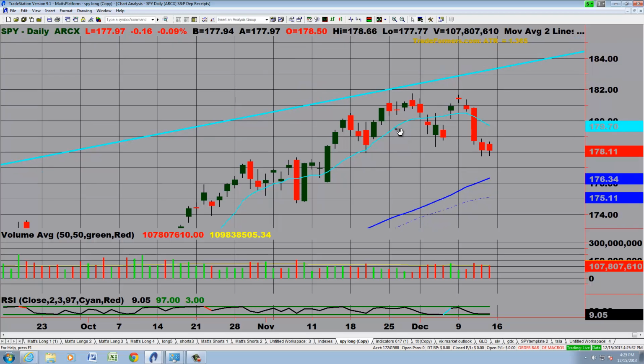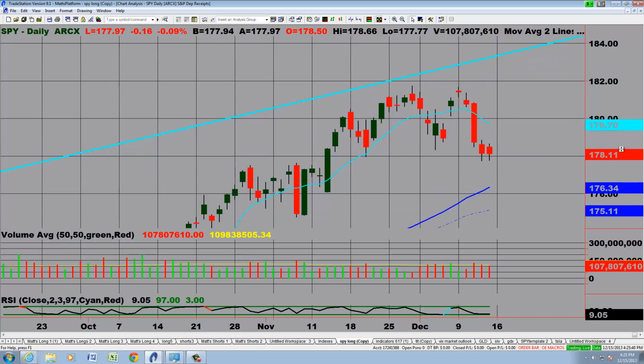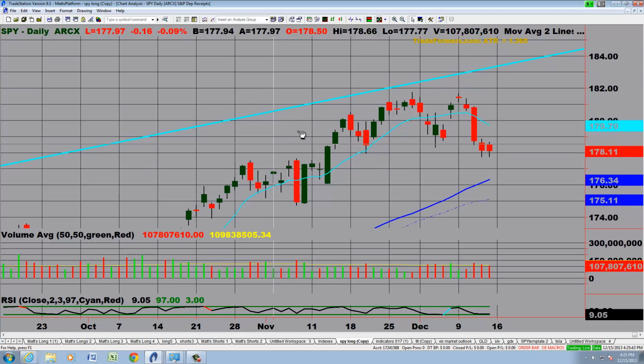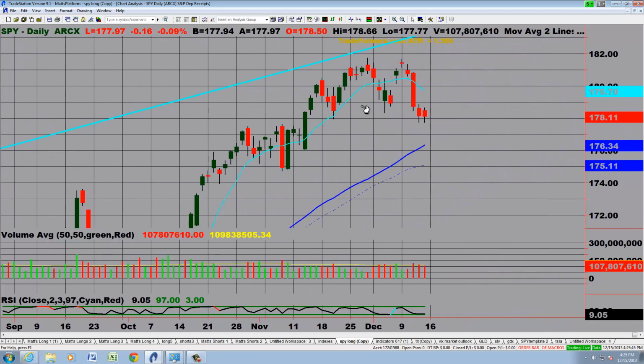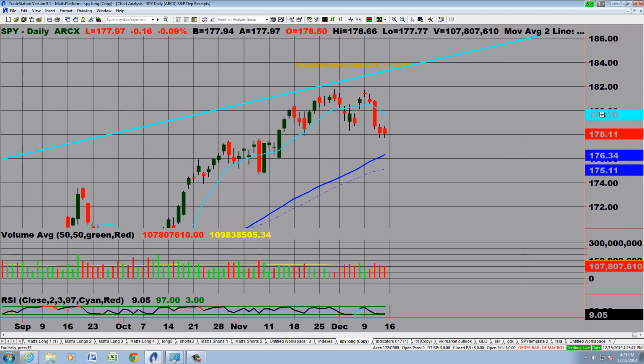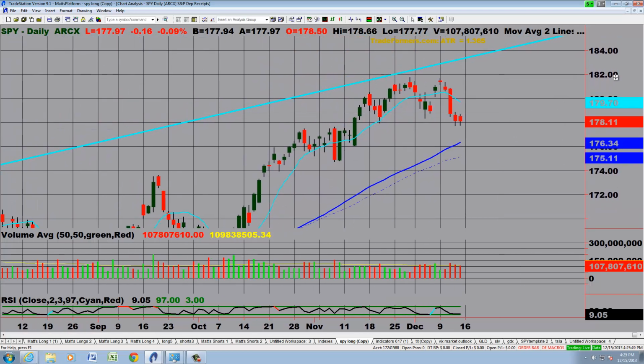But we are, as you will see in a moment, getting not quite completely oversold, but you can see 1, 2, 3, 4 straight down days, which has been unusual considering this market in general, certainly since we came back in September. So this is action to note.